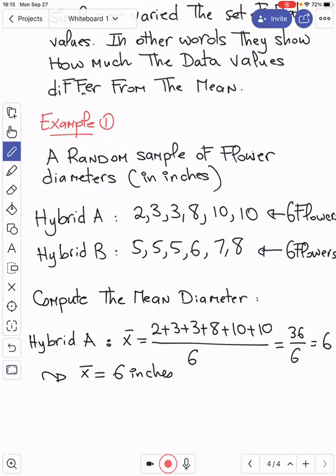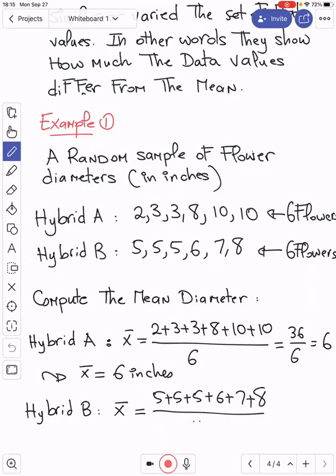Now for the hybrid B, the mean diameter would be the sum of the diameters: 5 plus 5 plus 5 plus 6 plus 7 plus 8, over 6. So the top would be 15, 21, 28, plus 8, that would be 36 again, over 6.